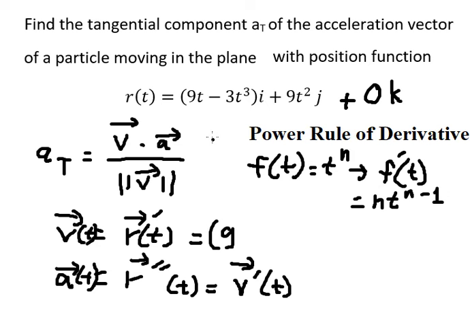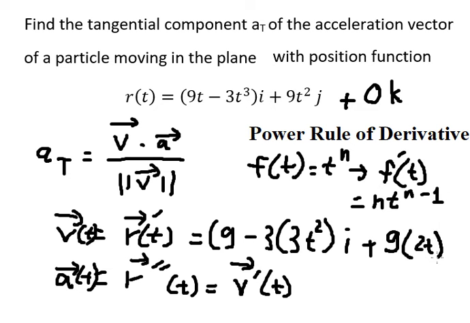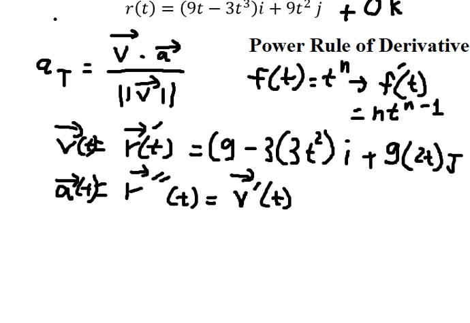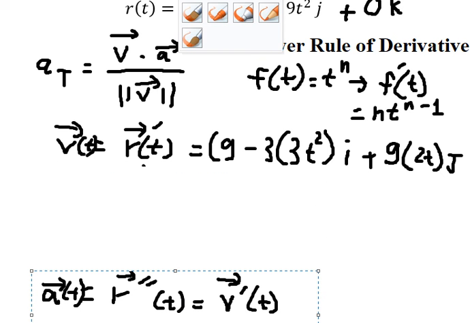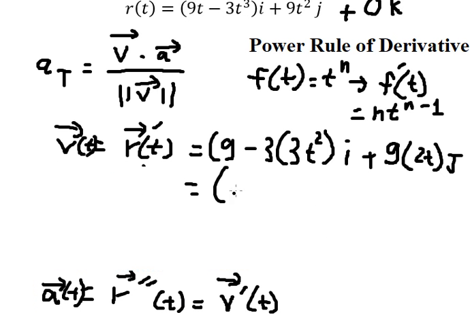So we just have only number 9. The first derivative of t to the power of 3 gives 3t squared. And we have i. This one we have 2t. Now we simplify, and we have 9 minus 9t squared i. This one we have 18.